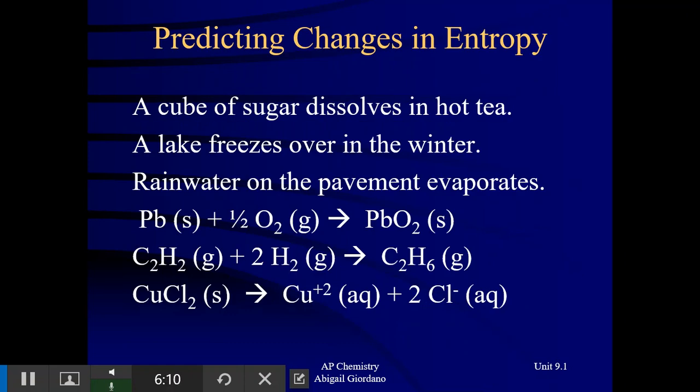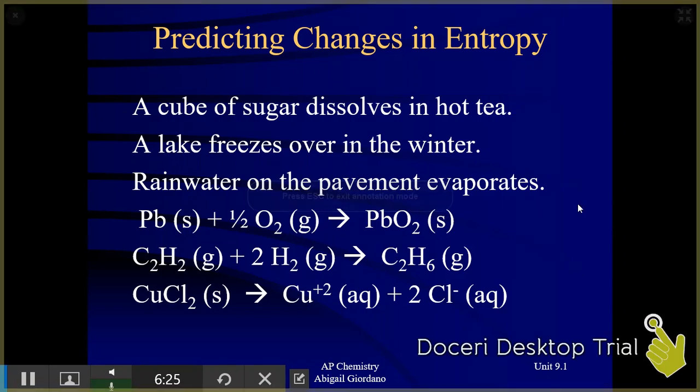One of the things that you are often asked to do, particularly in multiple choice, is being given a particular process and being asked to predict the sign, positive or negative, for delta S. Let me make sure we understand what we're talking about. Delta S is the change in entropy.